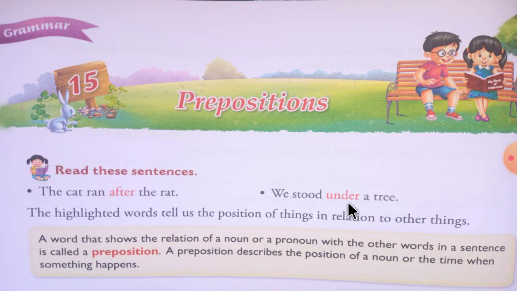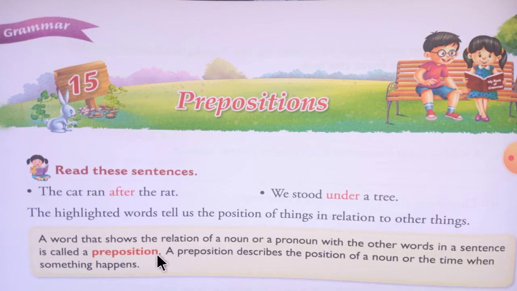So we and the tree are connected in this sentence. We stood. Where did we stand? Under a tree. So the highlighted words tell us the position of things in relation to other things, meaning how it is connected in relation to other things.